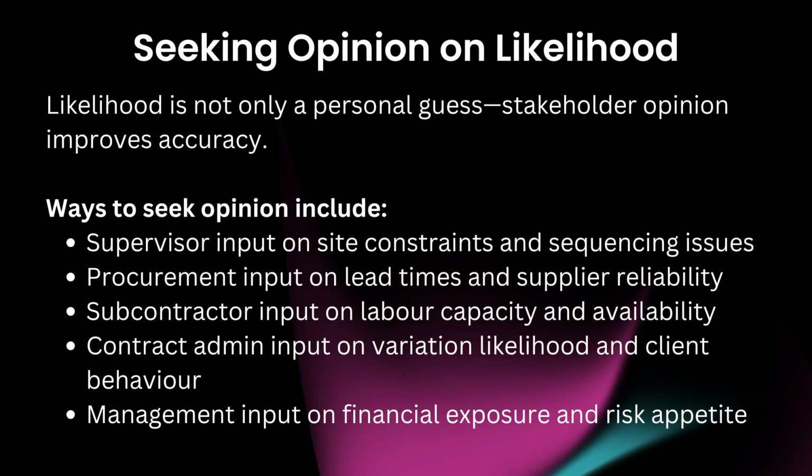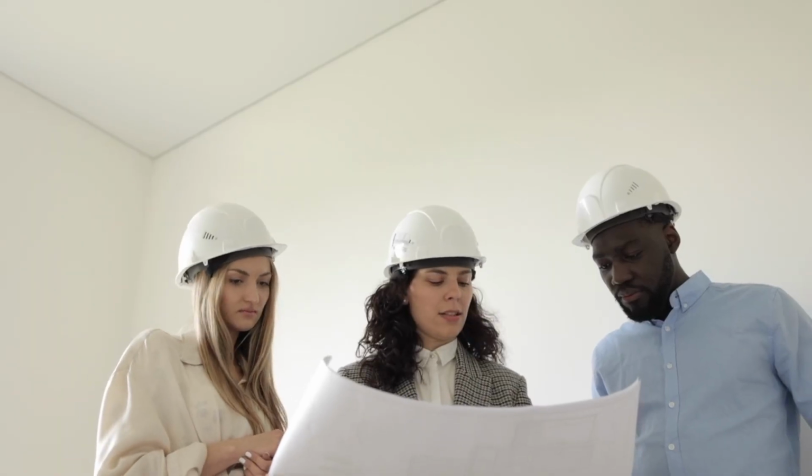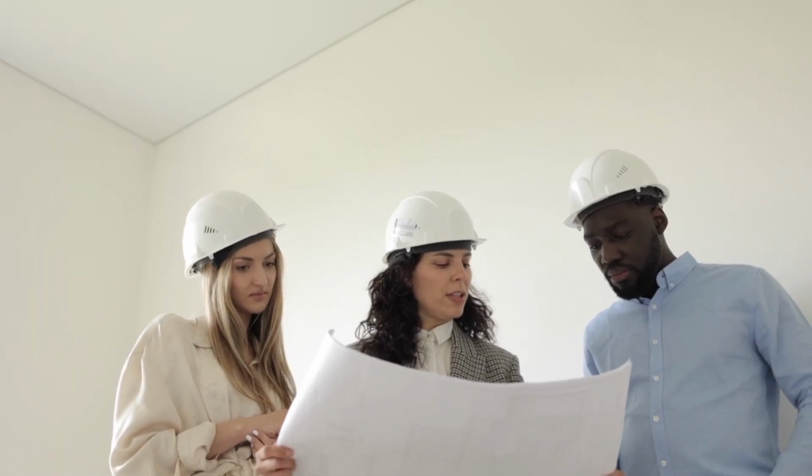Seeking opinion on likelihood. Likelihood is not only a personal guess. Stakeholder opinion improves accuracy. Ways to seek opinion include supervisor input on site constraints and sequencing issues, procurement input on lead times and supplier reliability, subcontractor input on labor capacity and availability, contract admin input on variation likelihood and client behavior, management input on financial exposure and risk appetite.